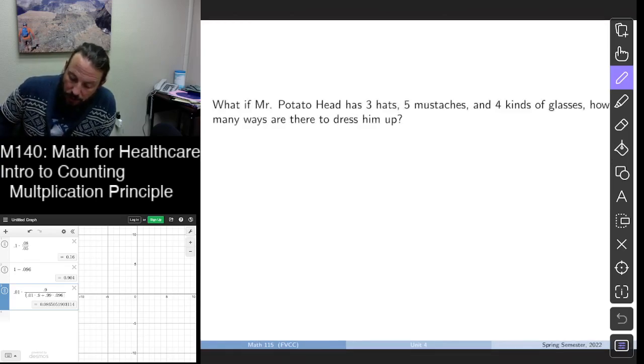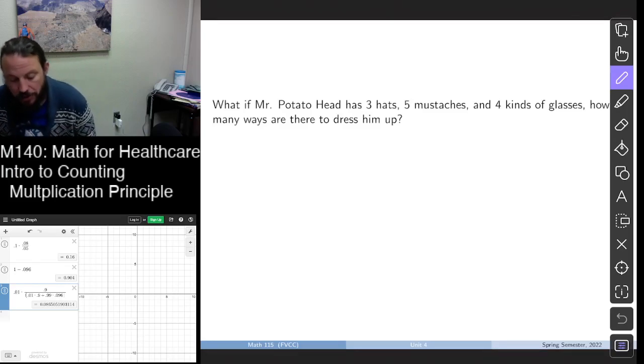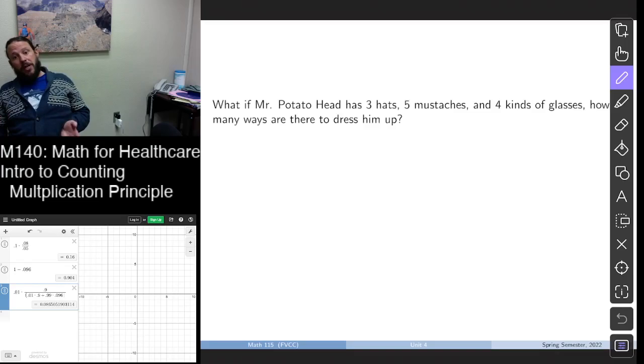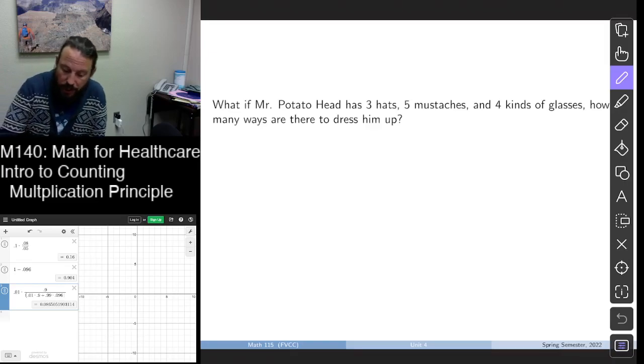How about Mr. Potato Head? He has 3 hats, 5 mustaches, and 4 kinds of glasses. How many ways are there to dress him up? This is just like the multiplication principle, except now we have 3 tasks. So you can imagine there's 3 sets of branches on your tree diagram. It gets messy, so I'm not going to draw it, but let's see.